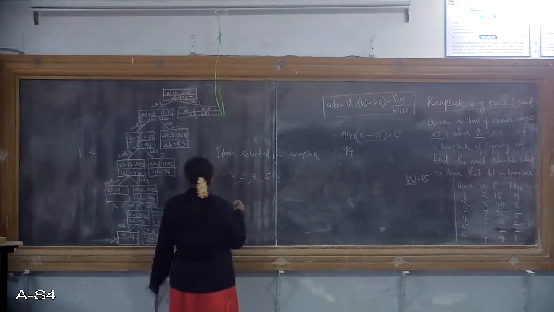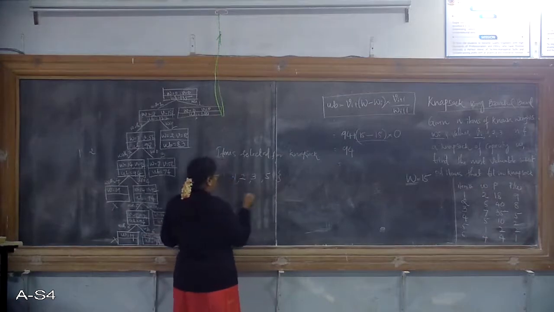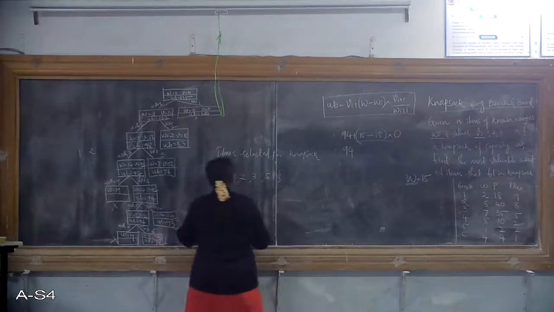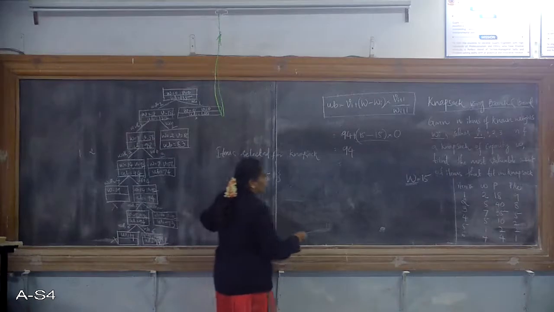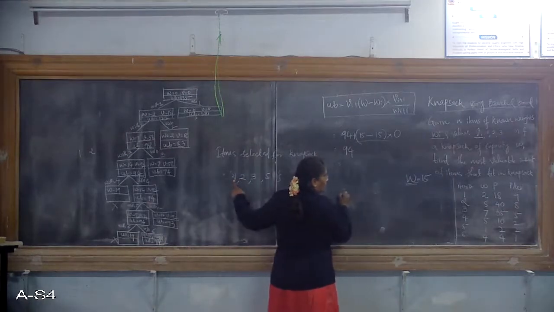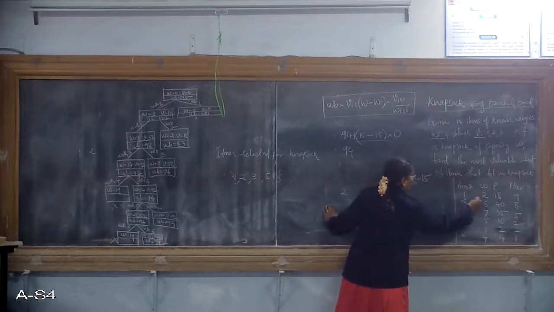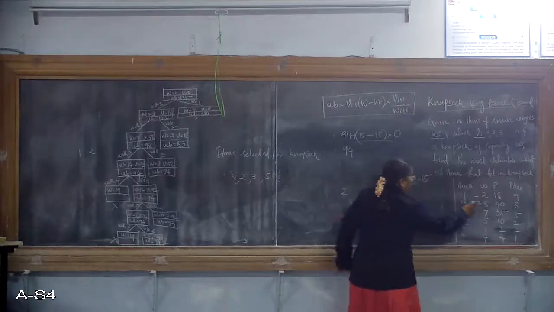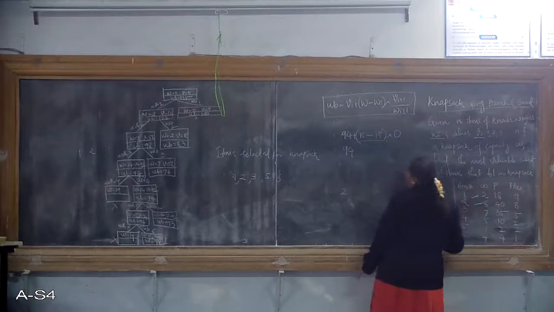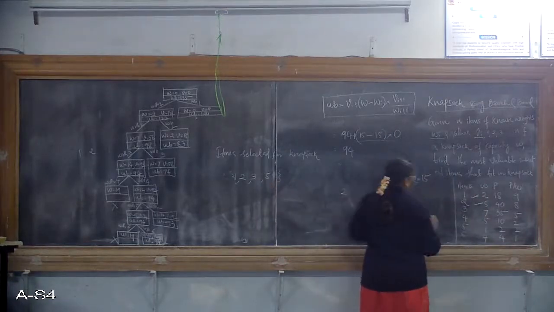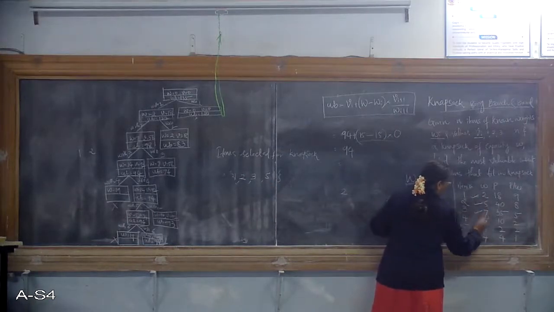Calculate the total weight and check whether it is equal to 15 or not. Here I got 15. Check: item 1 weight is 2, item 2 weight is 5, then 3 and then 5.